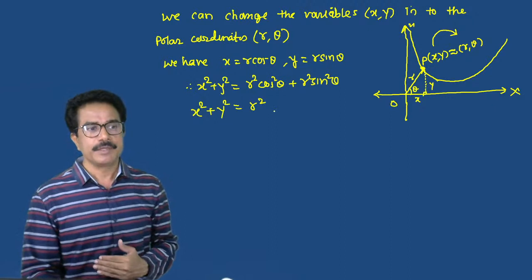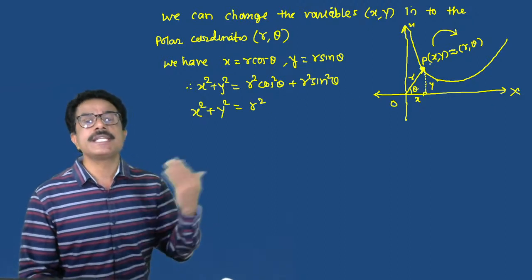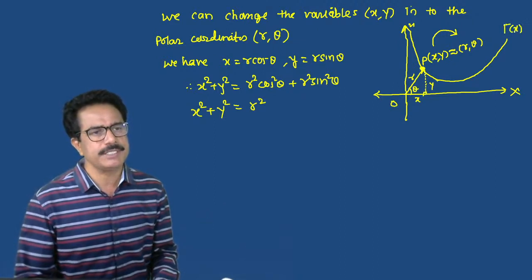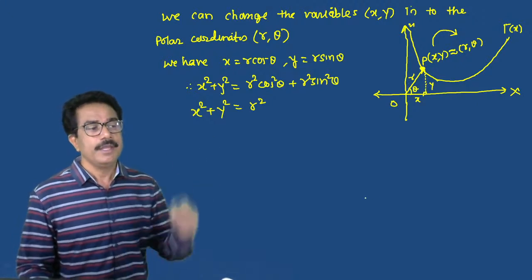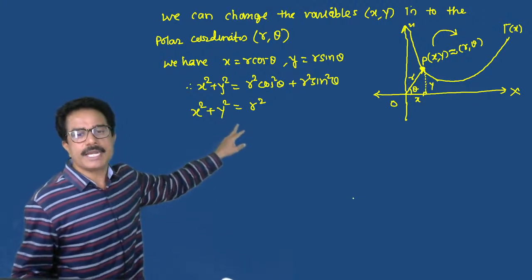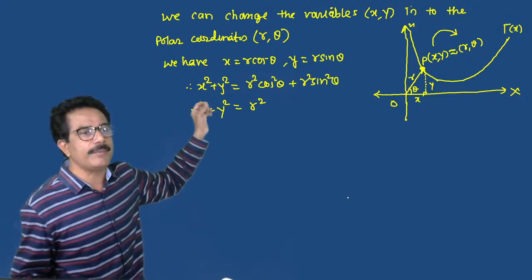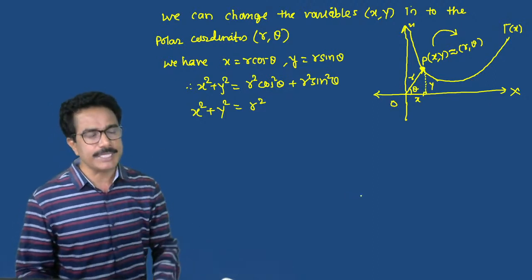Also, you know that this is a point P which is represented on a gamma of x. This is a graph of a gamma of x. Now, we shall write this Cartesian point x comma y into the polar coordinate, r comma theta.